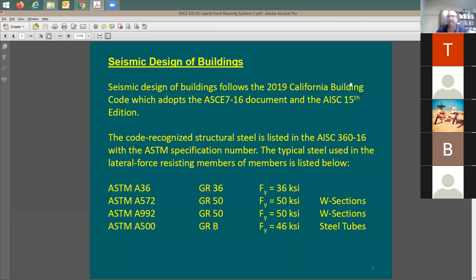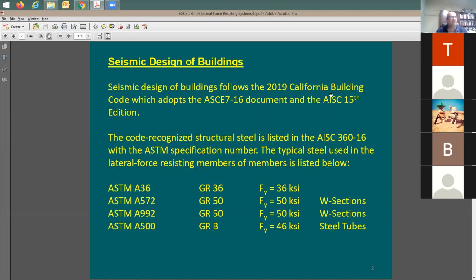We discussed this before. It's going to be the 2019 CBC. The 2019 CBC just adopts the ASCE 7-16 for the loading, and this way we are taking the load criteria: how you do the seismic loads, how you do the dead load and live load, and the load combinations and the whole thing.